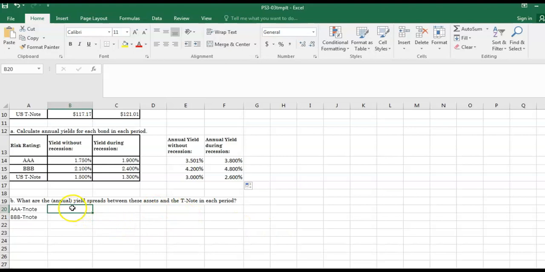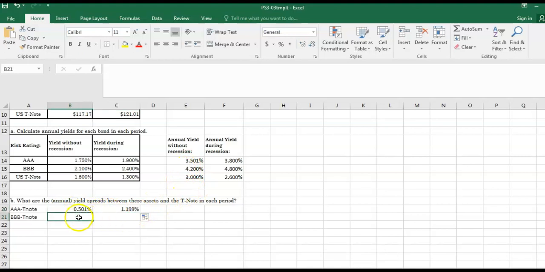So in one case, I'm going to say, well, my AAA, so we'll say this cell is equal to my AAA minus my T-note. All right, and the spread there then is 0.5%. If I move it over, then I calculate the spread for that same bond when there is a recession. You'll notice that the spread increases.